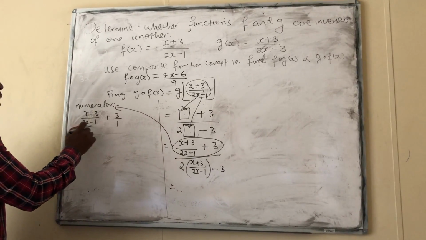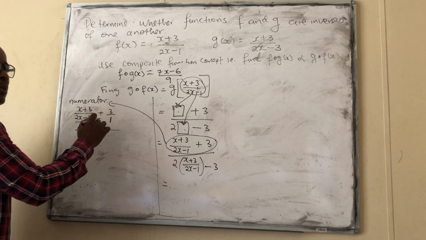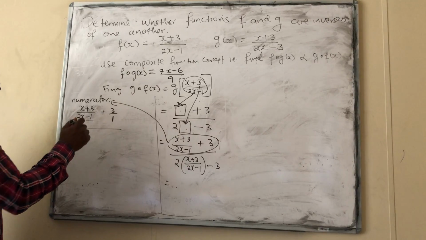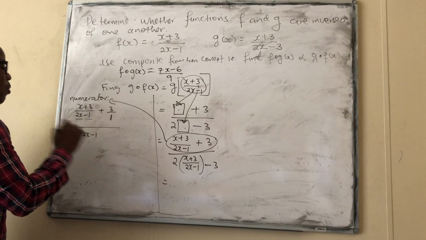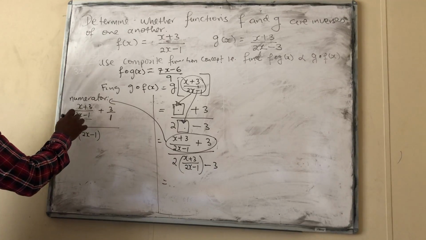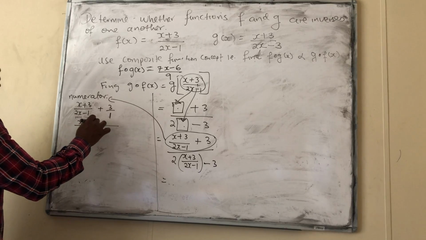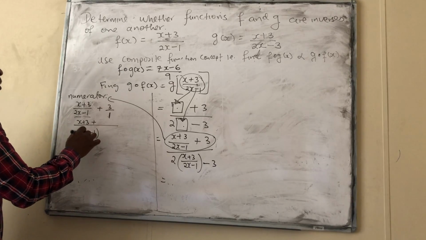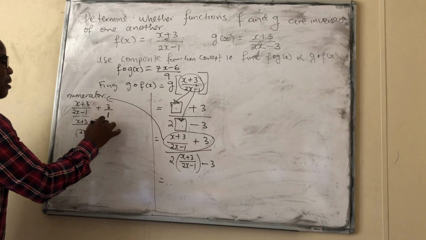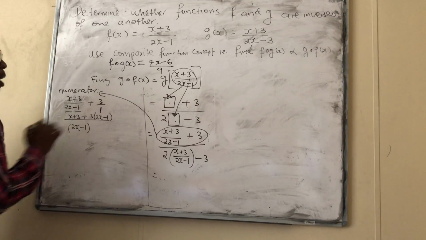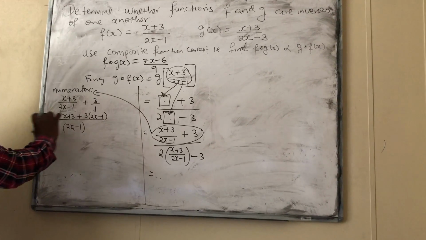If you have an expression that has variables and one that is numeric, to get the lowest common denominator, you multiply the two. So this will be 2x - 1. Then 2x - 1 into this goes once, giving x + 3, plus 1 into this, which is 2x - 1 times 3 times (2x - 1).